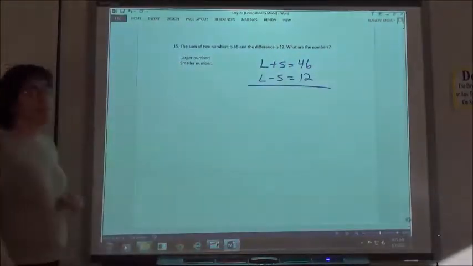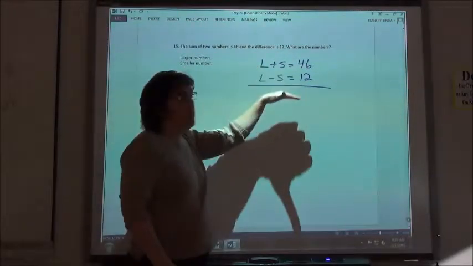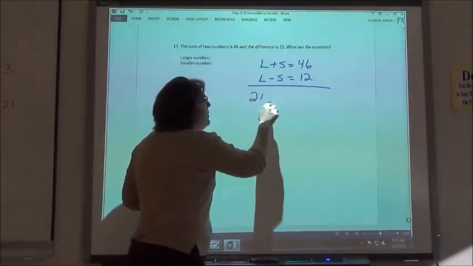Notice I lined those ones up straight up and down above each other because I already have opposites in front of my S's. And since I have opposites, instead of rearranging and solving by substitution, which I could do, I could just solve by the addition method. If I add these two equations together, L plus L is 2L.